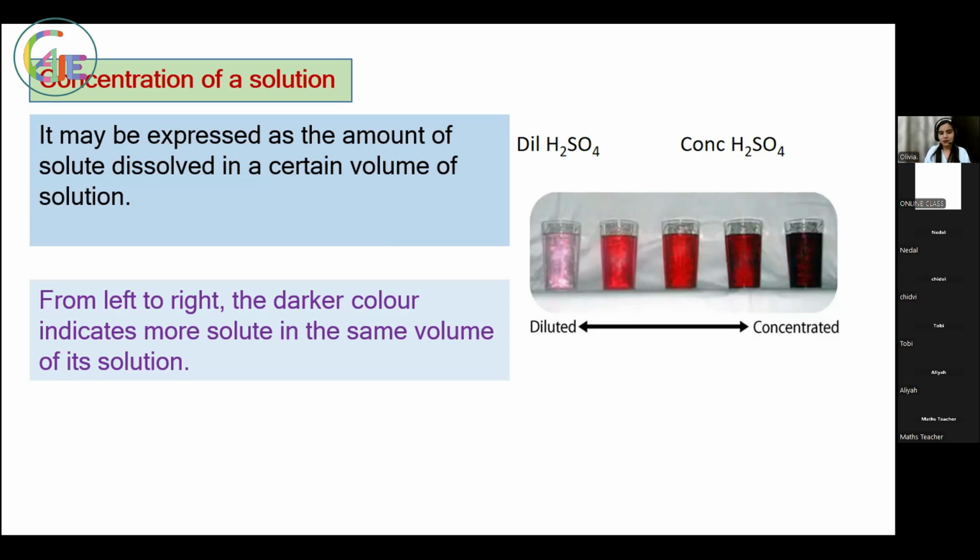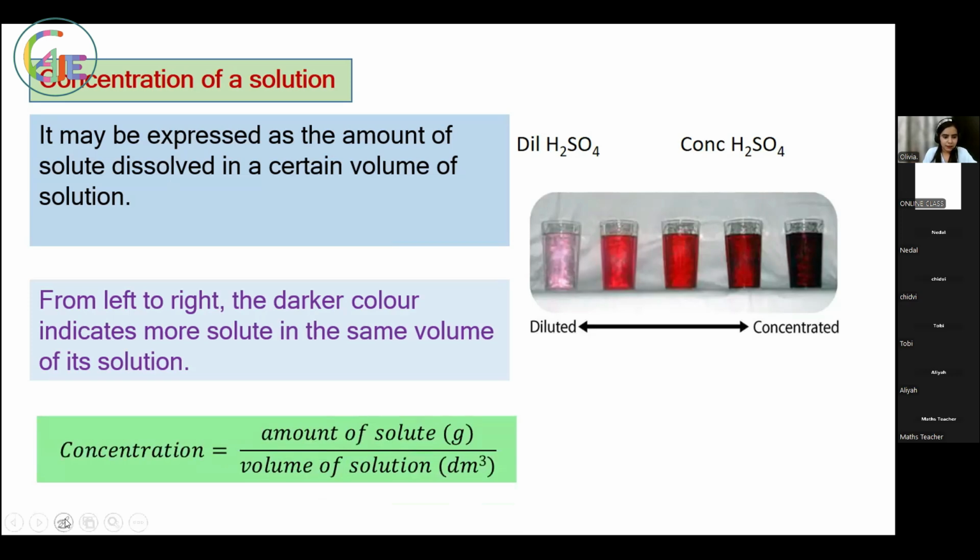When I say concentration of a solution, that means it may be expressed as the amount of solute dissolved in a certain volume of solution. Let's say I have some amount of solution in a glass, and if I ask what is the amount of solute I have dissolved in this glass?